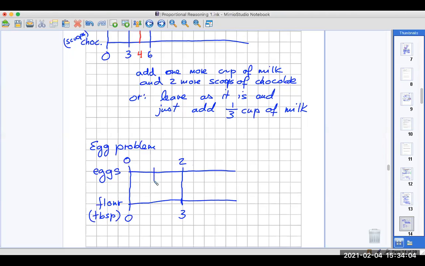Let me see what happens in here. If I have 1 egg, how much flour? 1 is half of 2, so this number has to be half of 3.